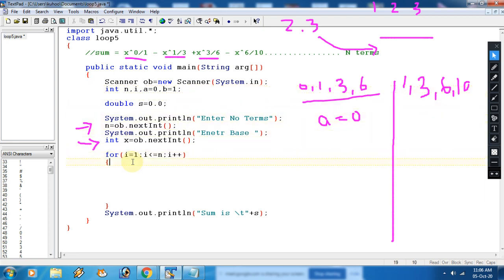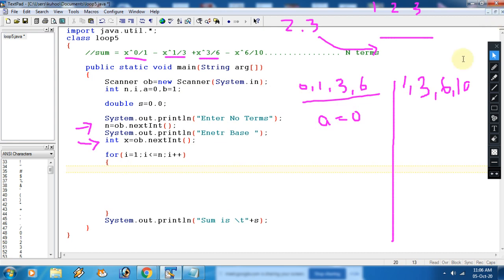So after that, see, we can do like this: s equals to s plus. Don't think for the plus and minus sign, that I will tell you later, right? So now first of all a, so what you will write, Math.pow(x, a) upon, that is your b.